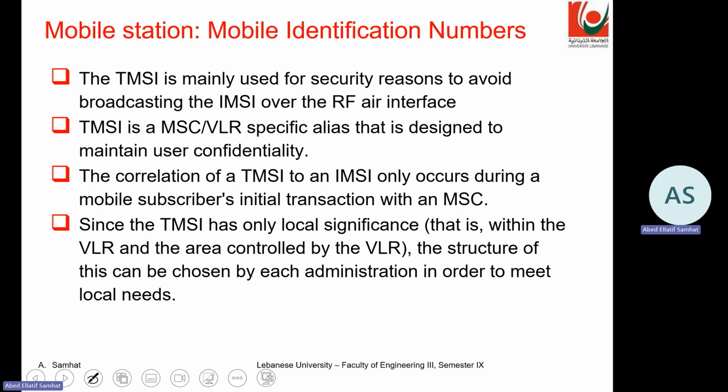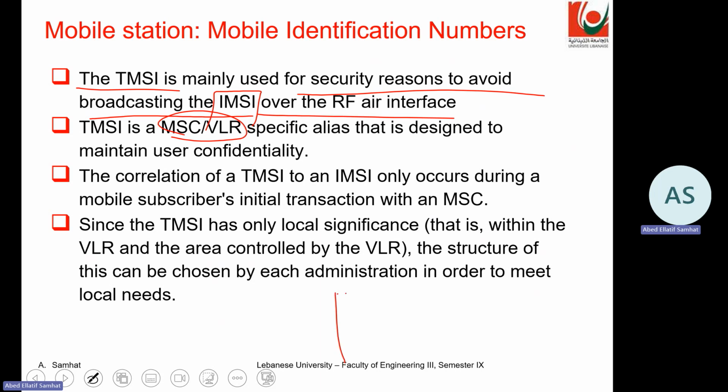Now I want to talk about the Temporary Mobile Subscriber Identity, which is used for security reasons, to avoid broadcasting the International Mobile Subscriber Identity over the air interface. As we said, this temporary identity is provided at the VLR level to maintain confidentiality.